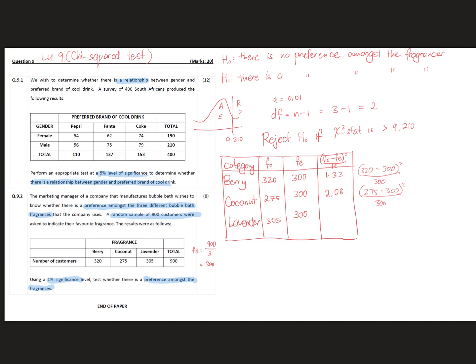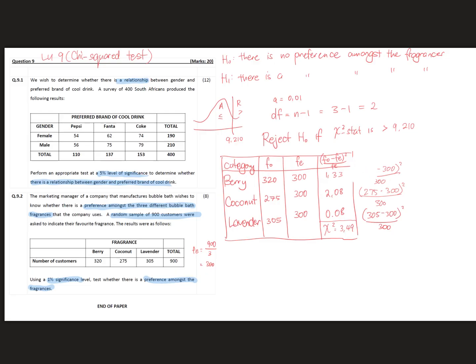And the last one is 305 minus 300 squared over 300. So this would be 0.08. And now we can calculate the chi-squared statistic. If you add up that last column, it gives you 3.49.